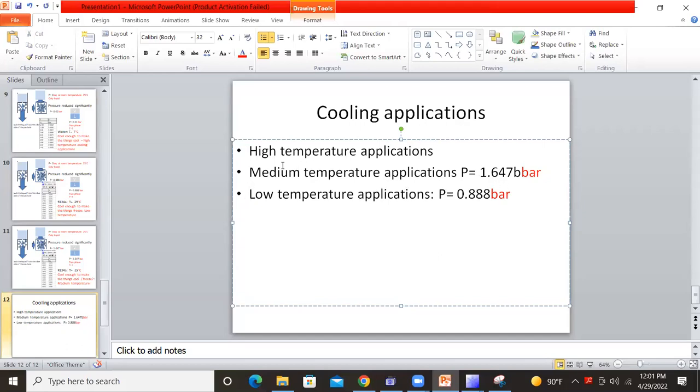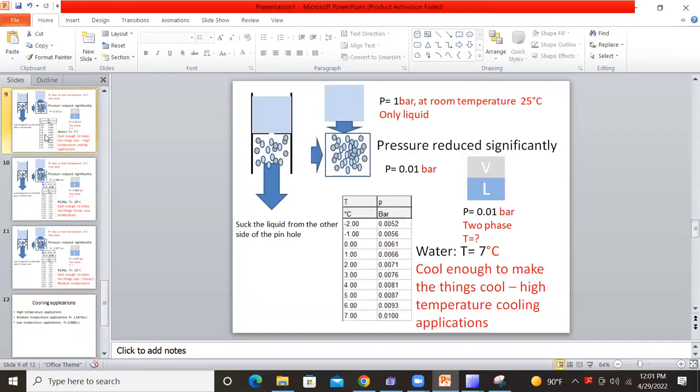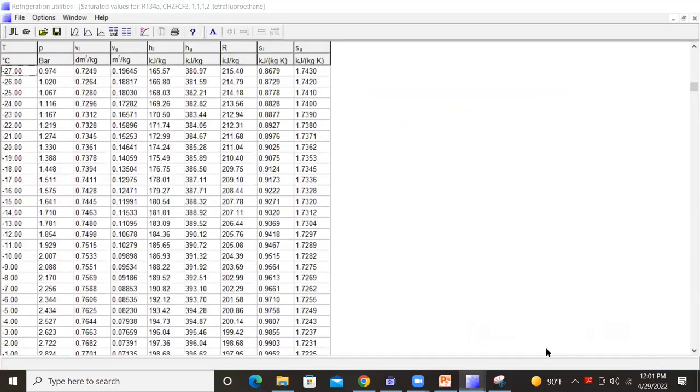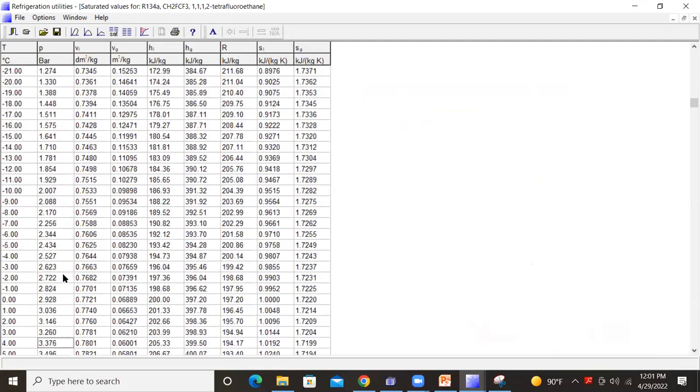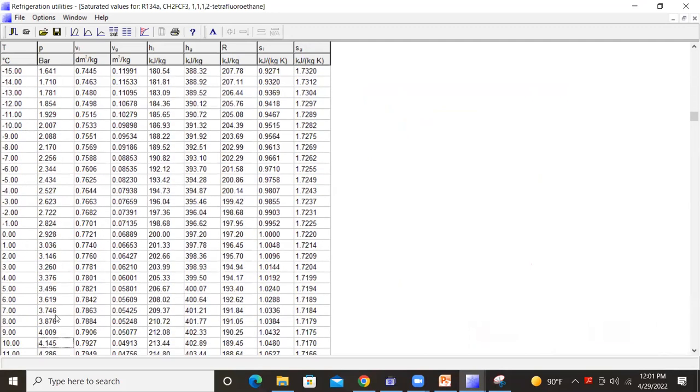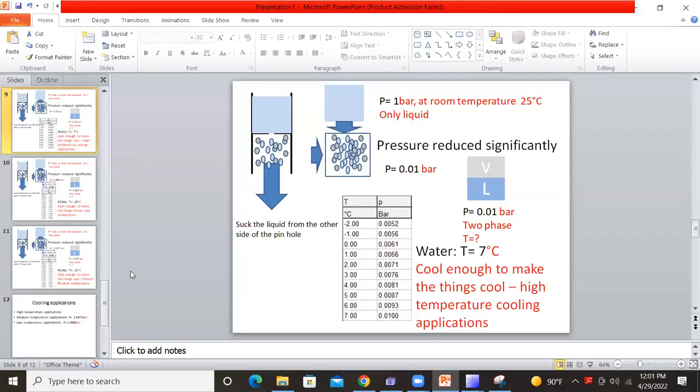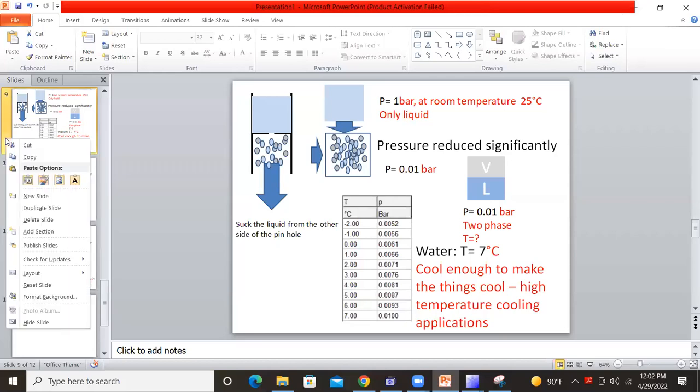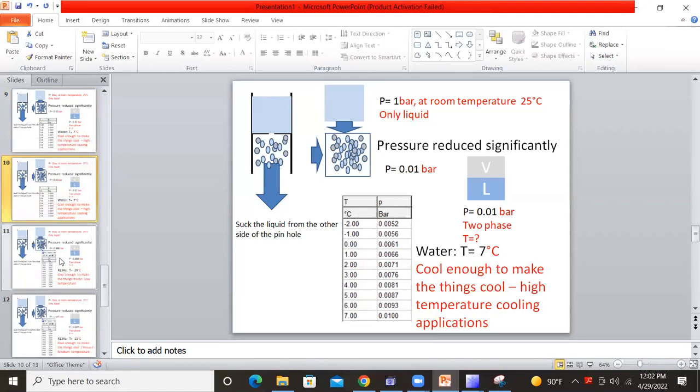So R134A. And for high temperature application, let's say this is 7. So I will go for the same refrigerant. 7 is, yeah, it's 7. Pressure is 3.746 bar. Same R134A.